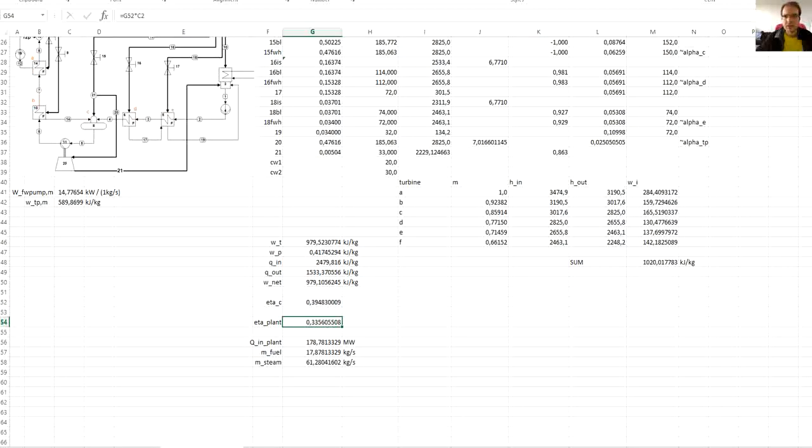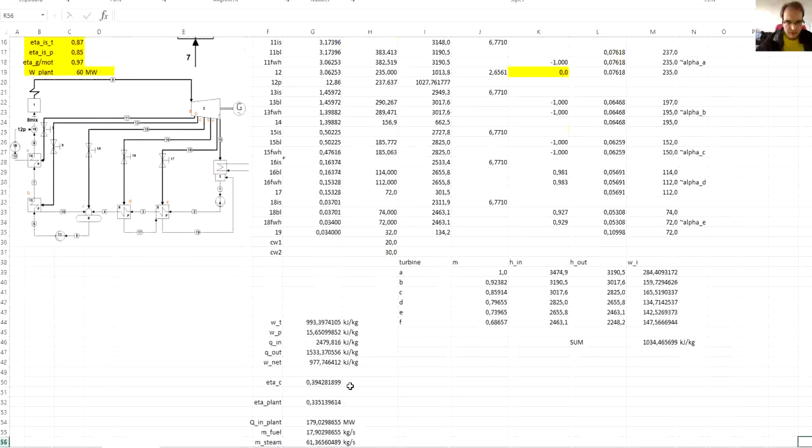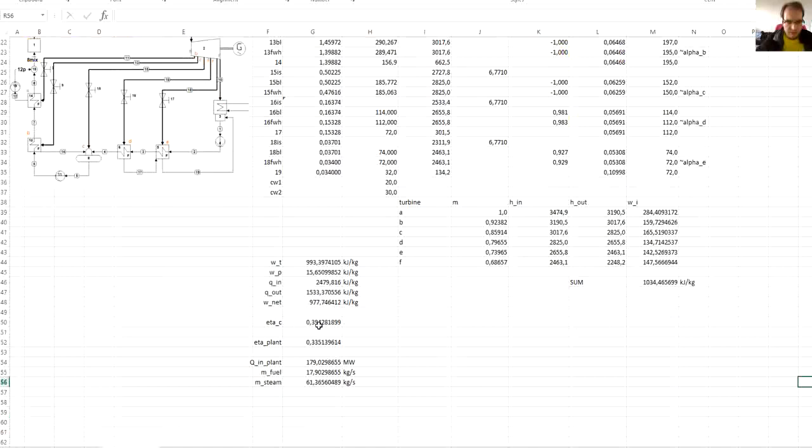And comparing the values with the previous one, here we have cycle 39.5 and 33.5. And we can again see that we have some small improvement in efficiency. Here we have 39.4 and 33.51.